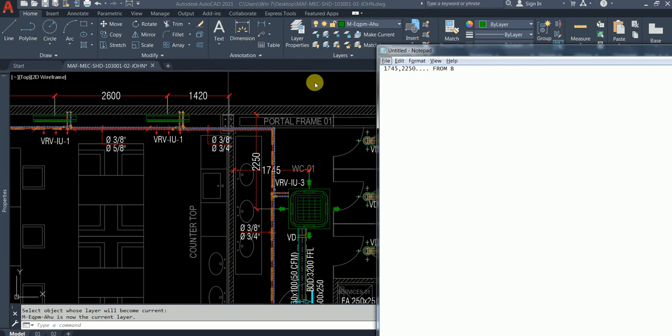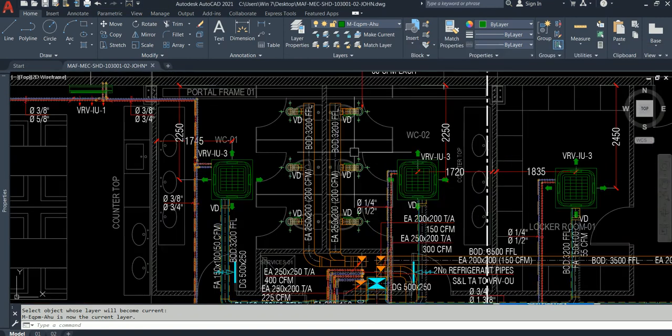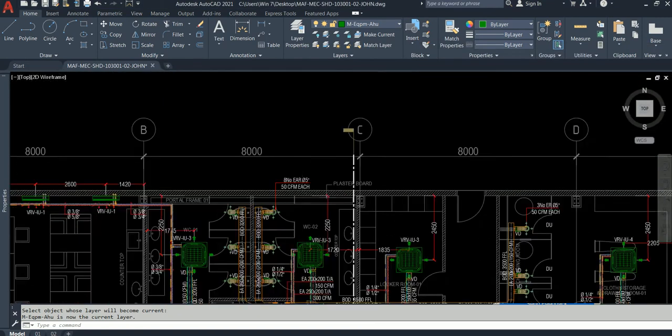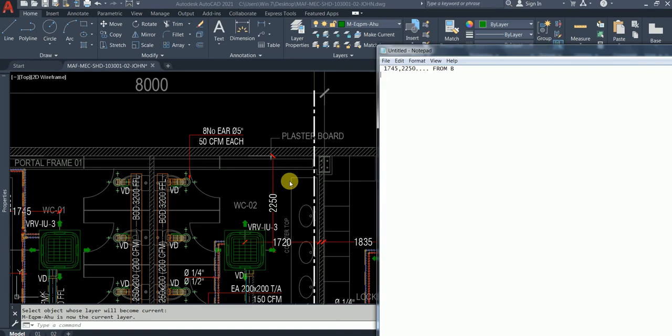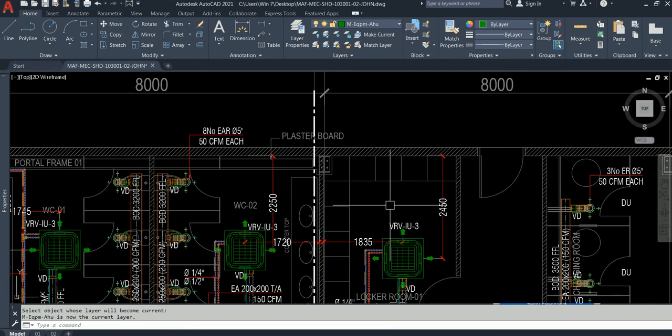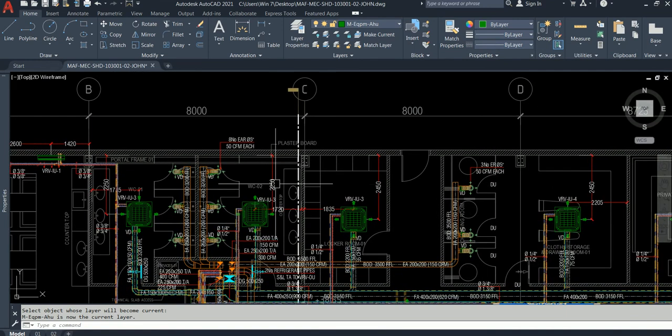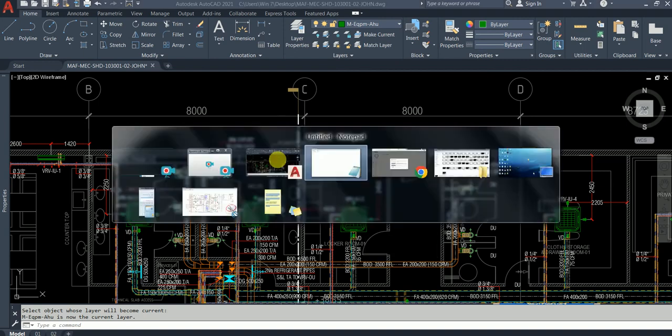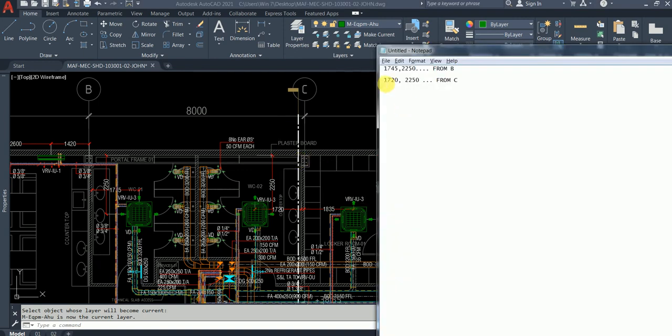Similarly from C, and we have one more here, from C this side. Let's just remember it is going minus.